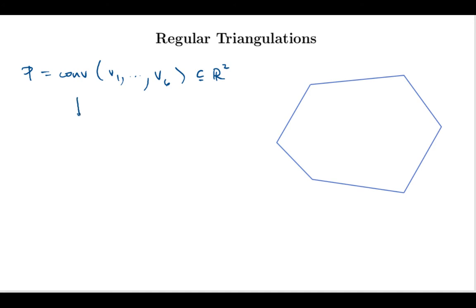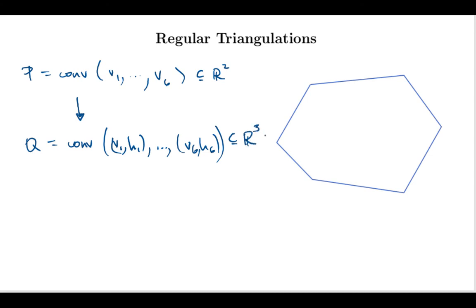And what I'm going to do is construct a polytope Q by giving each of the vertices a third coordinate. And I'm thinking of this as a height. And this third coordinate lifts my resulting polytope into 3 dimensions.